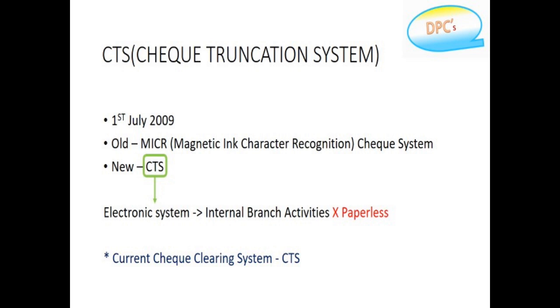Now, as the name suggests, CTS, Cheque Truncation System. Truncate means what in general English? To remove. So, this CTS is the electronic system which removes the hassle between the branches of a bank about clearing the cheque.